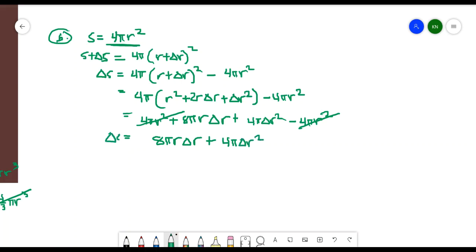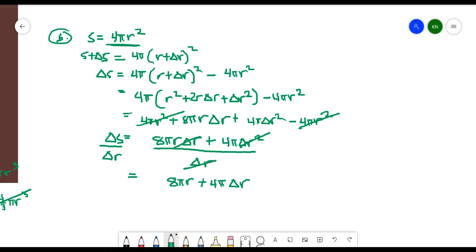Now, dividing that by our change in radius, or the delta r, we have 8 pi r and 4 pi delta r, because this will be cancelled, this one as well.